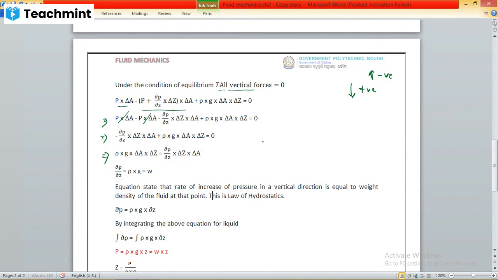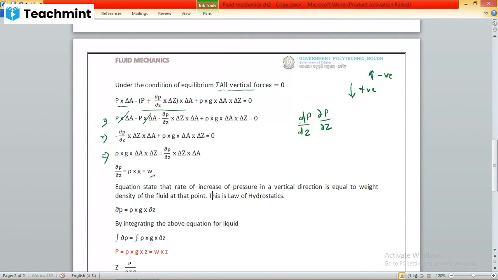That means del P by del Z is the variation of pressure in the vertical direction, or in the Z direction, which is your vertical direction. As we are considering only one direction, instead of dP by dZ we have taken del P by del Z. That is why del P by del Z is equal to rho into g, which is equal to your w.